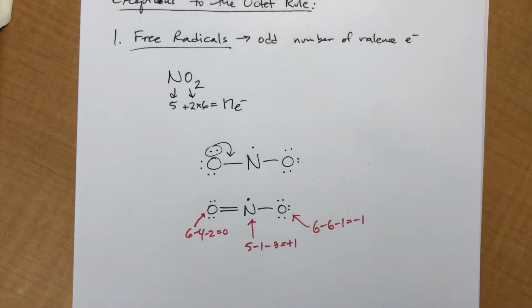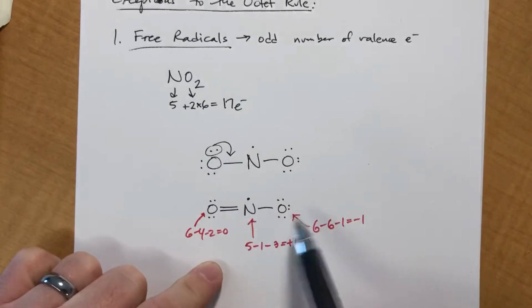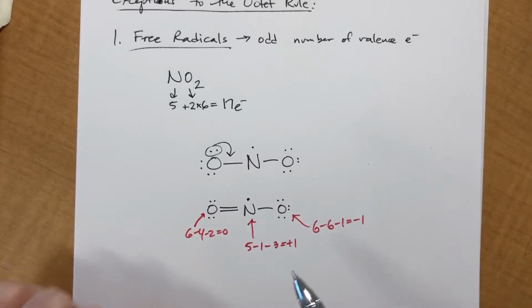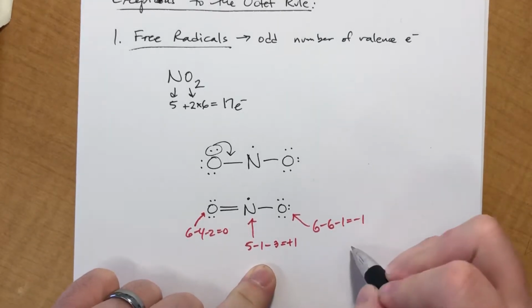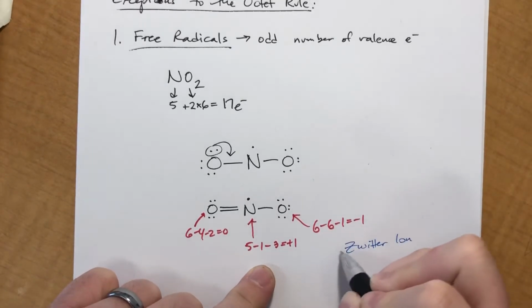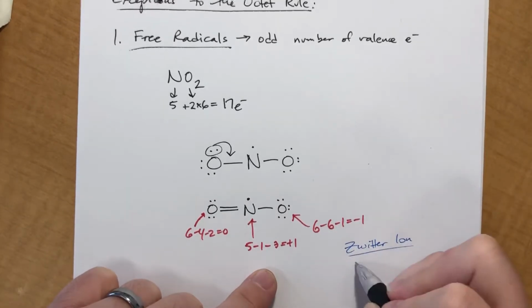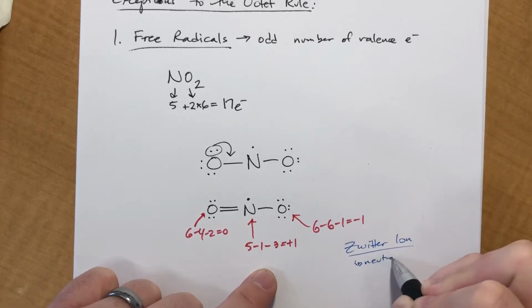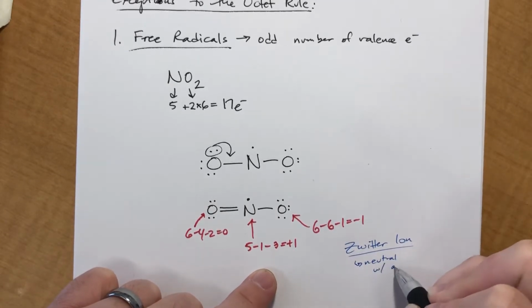Okay. A bit of terminology here. If you ever have a molecule that is neutral, doesn't have any charges, but there's a positive and a negative, we actually saw this with some of the previous ones. I just forgot to mention it. This is called a Zwitter ion. Terminology is not that important, but basically it's neutral with charges.